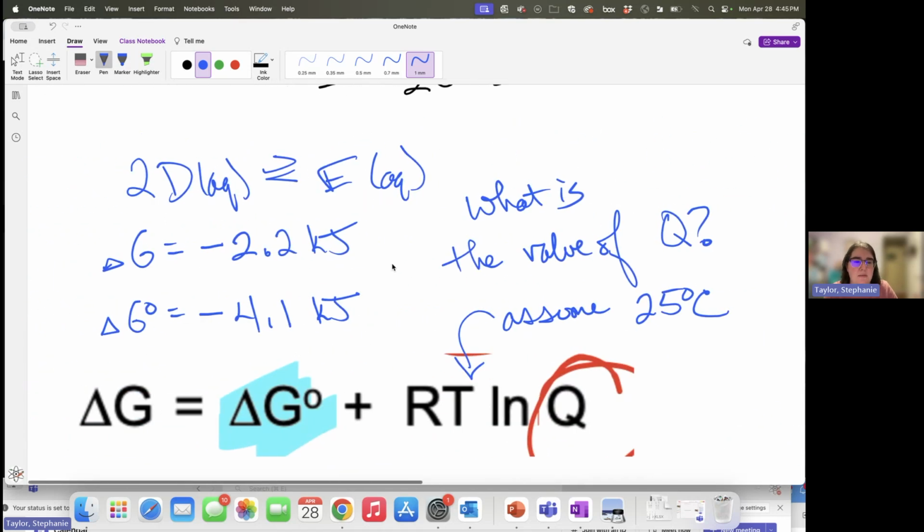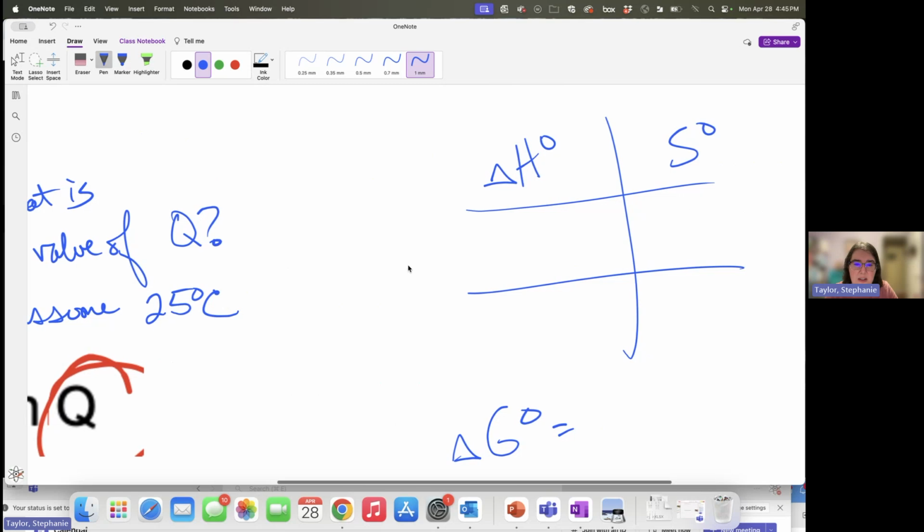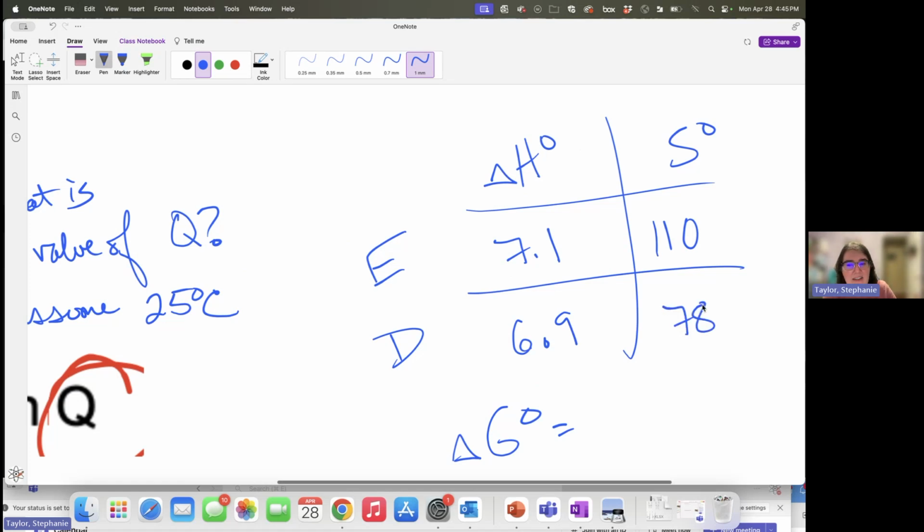So actually, I know I have this value over here, but if we were to do that, it could look something like this. So here's E and here's D, and here's a value of delta H of 7.1, and a value of delta S of 110, and a value of delta H for D of, I'm getting tired, 6.9, and value of S of 78.